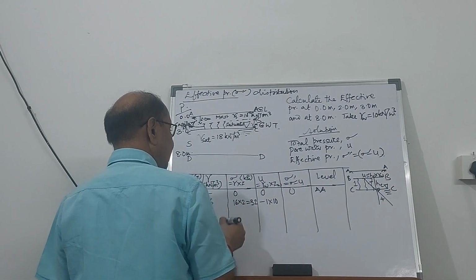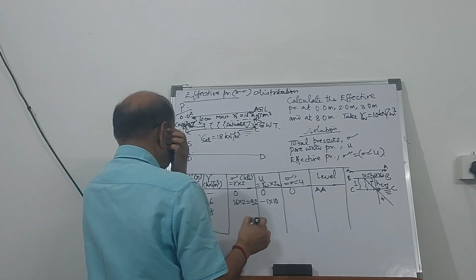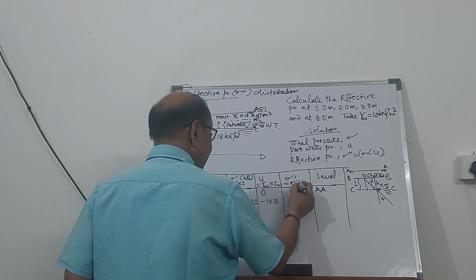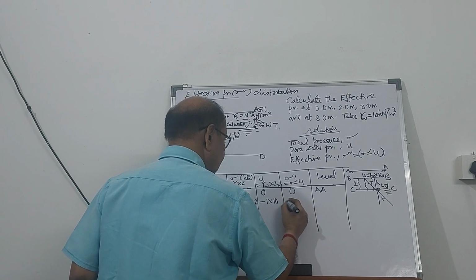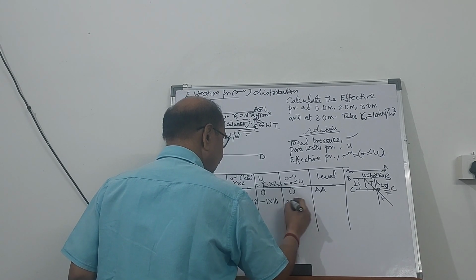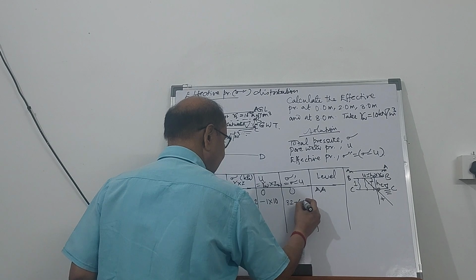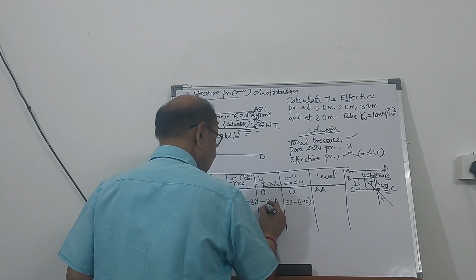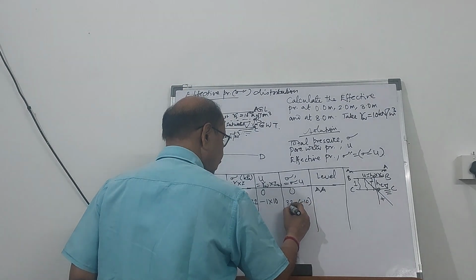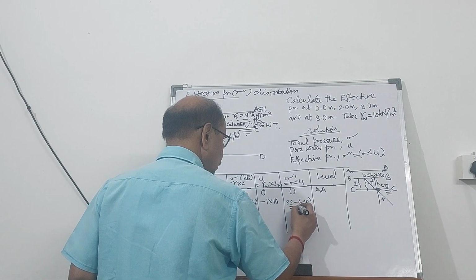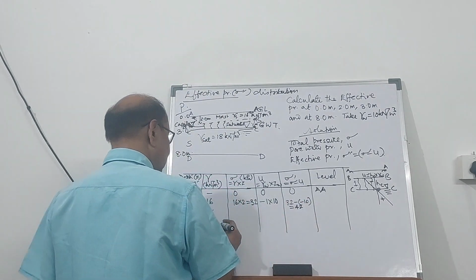So this is the pressure. Now sigma minus U, if you do it, it becomes 32 minus of minus 10. This is minus 10. So this becomes equal to 42 kilopascal.